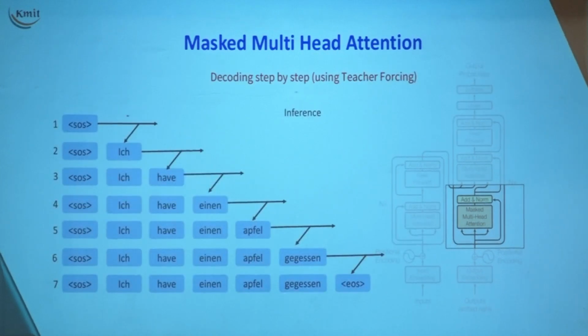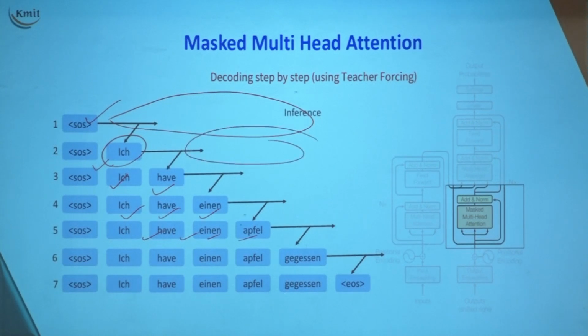Now look at this. First SOS, after that SOS and first word, after that SOS and second word, SOS and third word, SOS and fourth word. So here I am asking what? All of these words. I know this is the input sentence, but what am I doing? I am masking them. So which part am I masking?